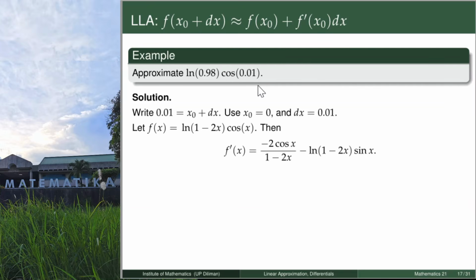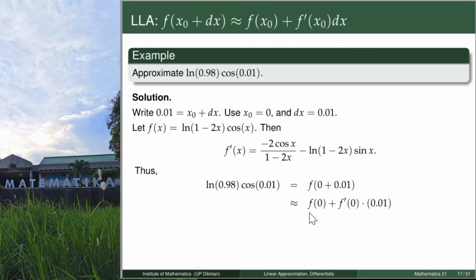Copy what you want to estimate and then write it as f of x0 plus dx. In that case, it's f of 0 plus 0.01. And now follow your formula. This will be approximately f of 0, f prime 0, and 0.01.